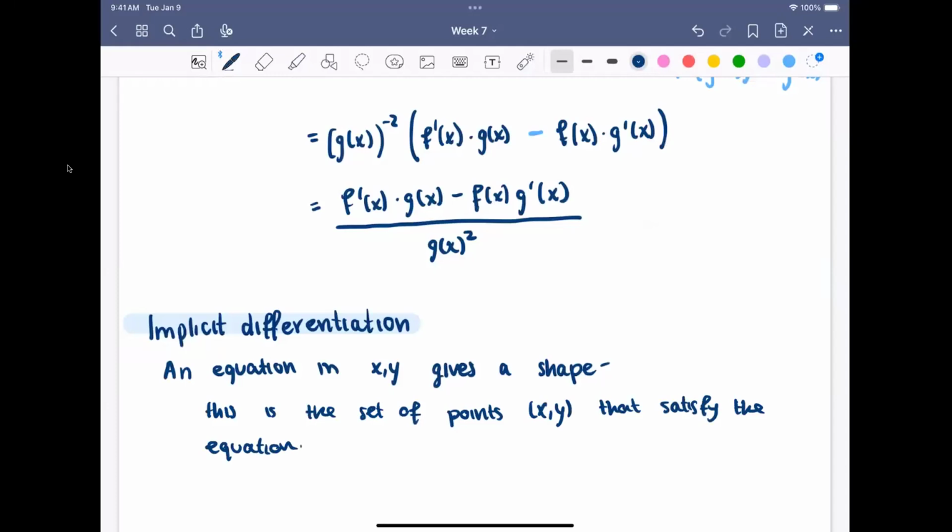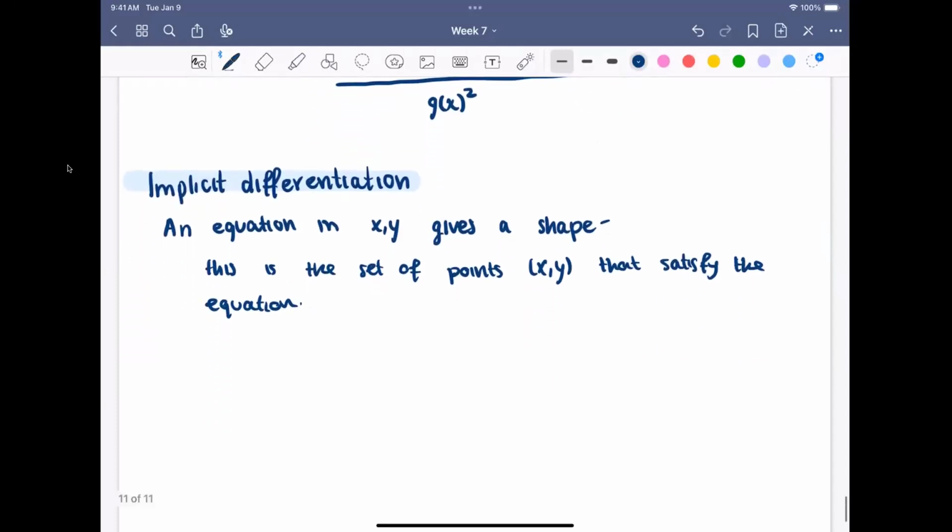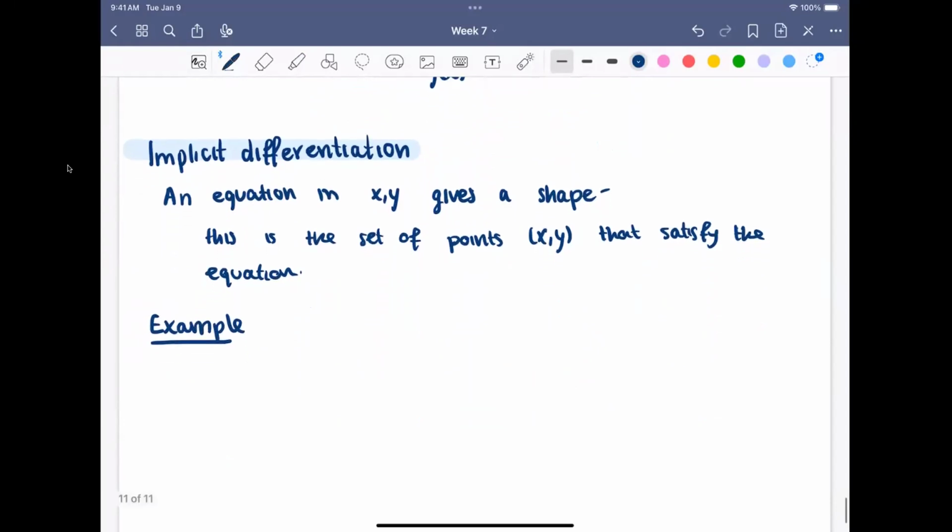So for example, I'll start with things that are just the graphs of functions because that's more familiar. Let's say I have the equation y is equal to x plus 1. What is the set of all points x comma y that satisfy this equation?